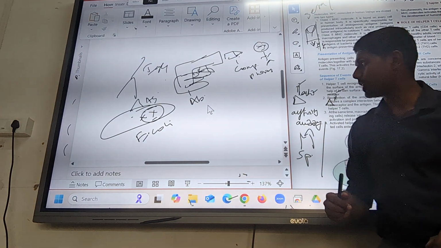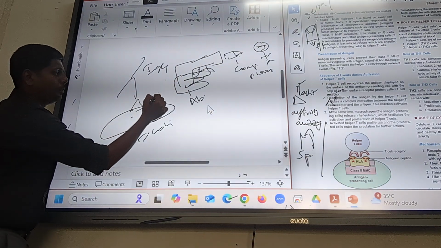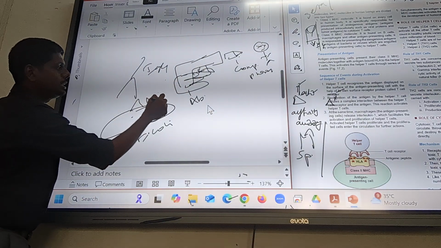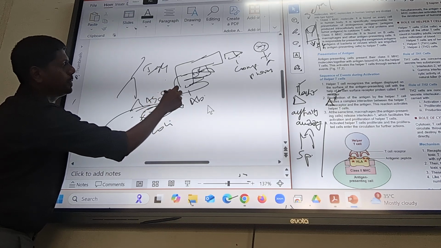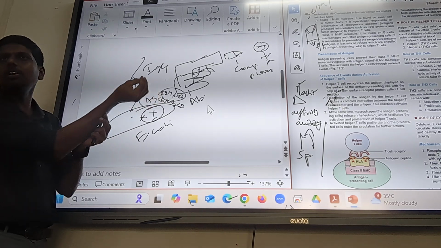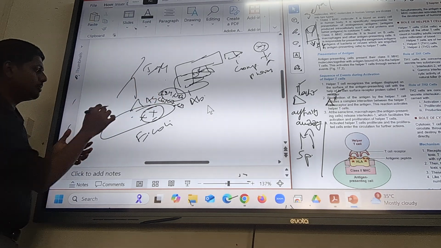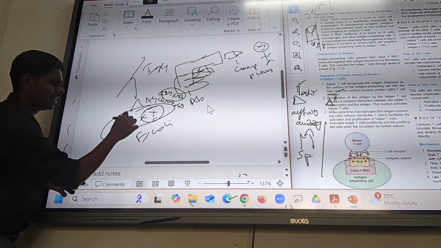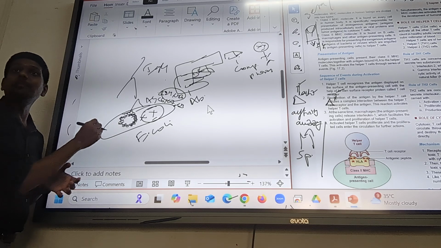How will they do this? You don't know this fact. There is a series of C6, C7, C3, C2a, C3b. A complex system will be formed by the complementary system. Once this system is formed, they start polymerizing and start drilling holes in the pathogen surface, in the lipid cell wall.